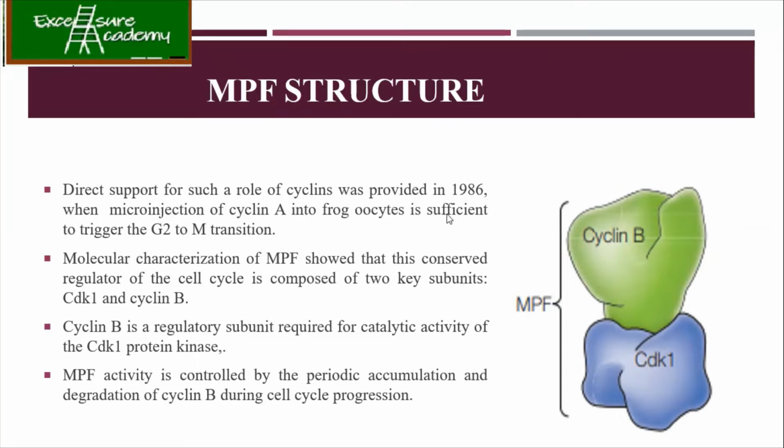Now, coming back to the MPF. When we said that it is your maturation promoting factor, which is the transition from G2 to M, that was the first experiment which we learned from the frog oocyte, right? So maturation from G2 to M. Now we know that it is the key regulator of the cell cycle and it has two subunits.